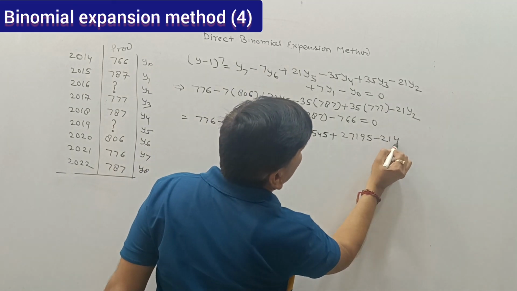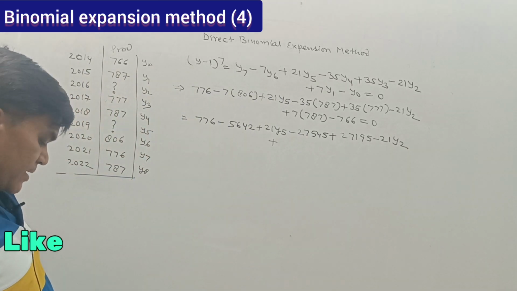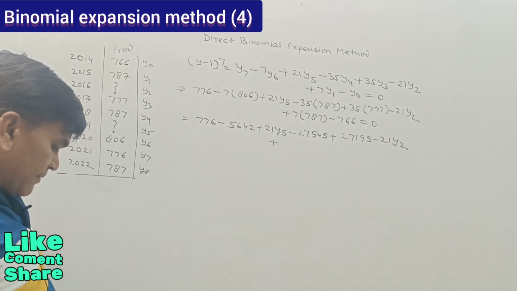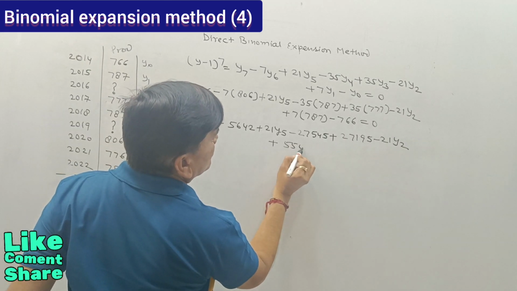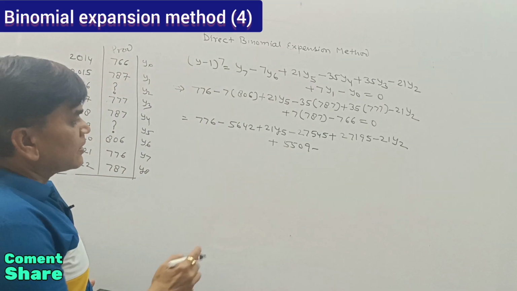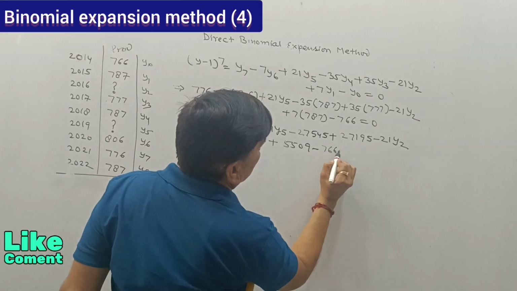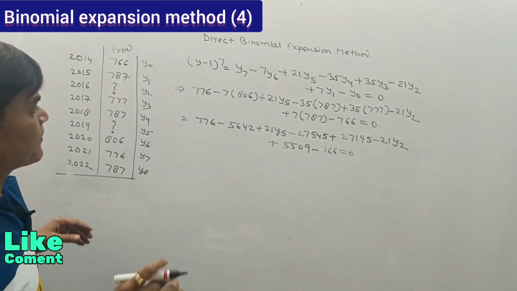Minus 21y2, whose value is not given. 7 multiplied by 787 is a positive value, 5509. Minus 766 is a negative value. Together that comes to 473.